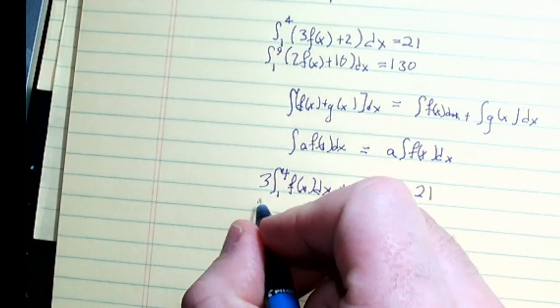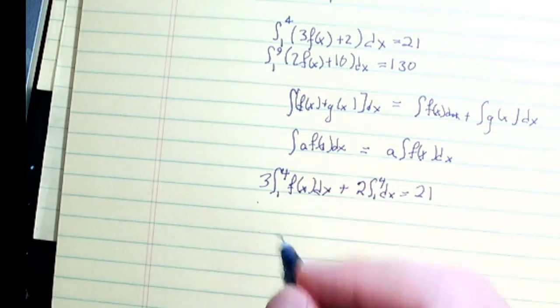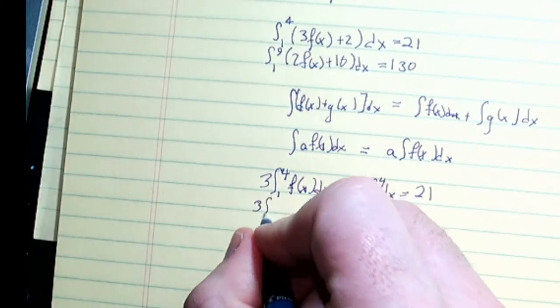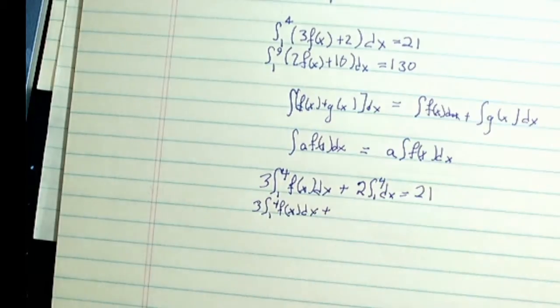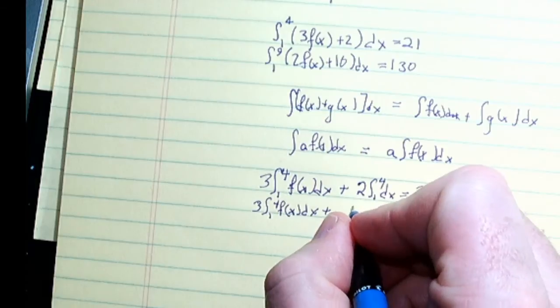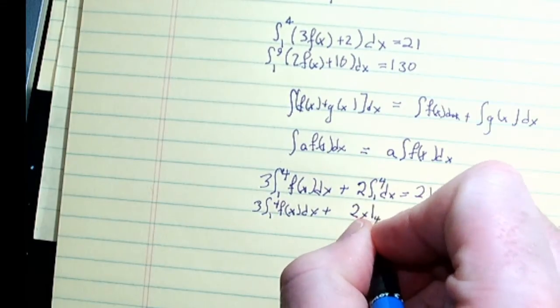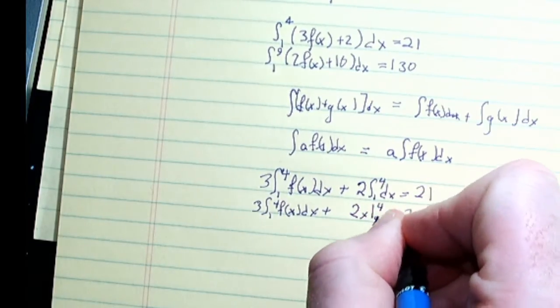Okay, so I can't do much with the first one because I don't know f of x, so again, I can't integrate it. 3 times the integral from 1 to 4 of f of x dx plus, the second one's easy, I can integrate the dx, it's just x. So that's just 2 times x from 1 to 4. It's equal to 21.